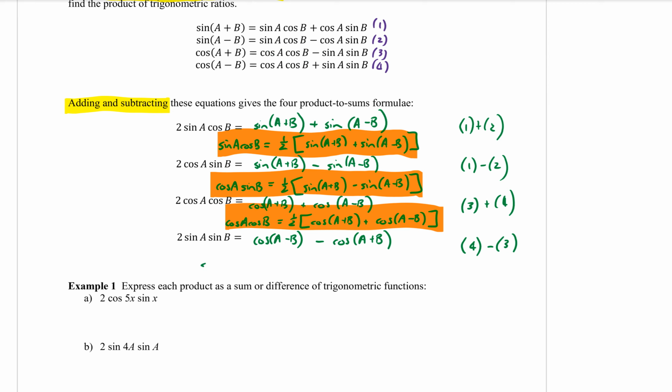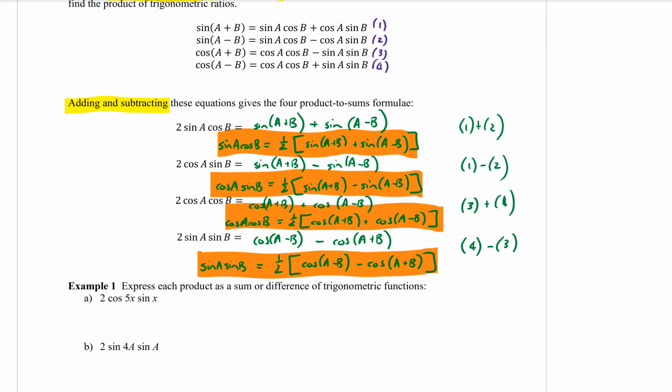Divide the 2 away. Sine A sine B equals half cos A minus B minus cos A plus B, and they are the 4 products to sums formulas that you will need.